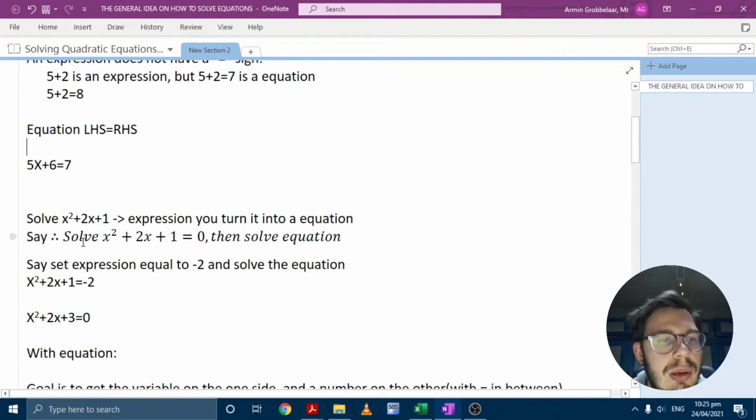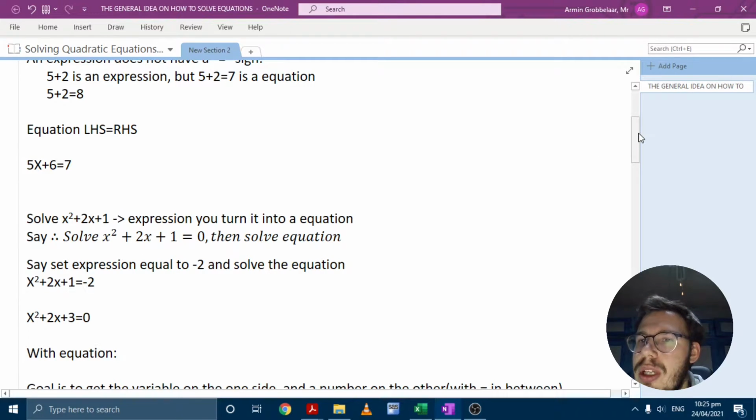Generally, if you have an x squared, a quadratic equation, then you'll just set it equal to 0. Because if they ask me solve 5x plus 6, then my first question would be, 5x plus 6 is equal to what? That's why with quadratic equations, it's usually just set equal to 0.